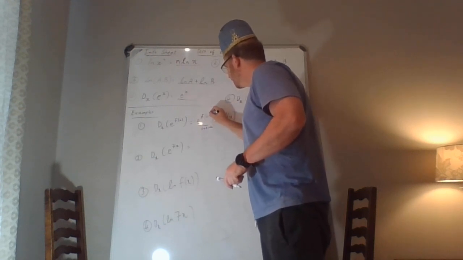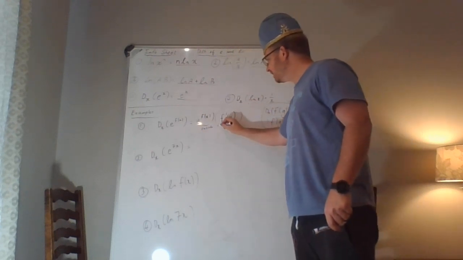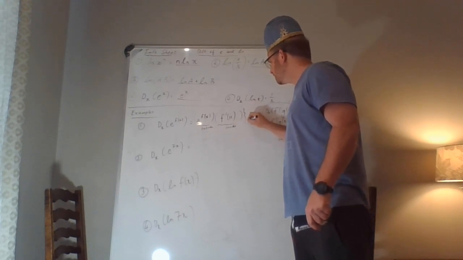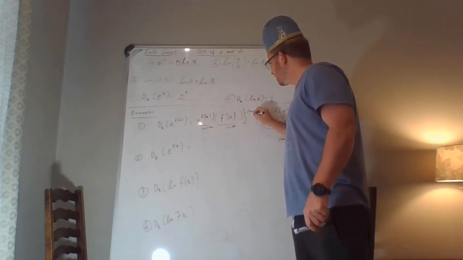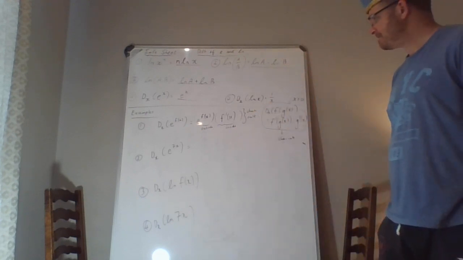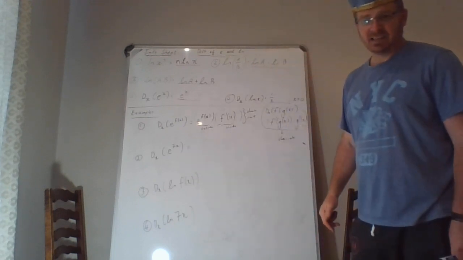So it's e to the f of x times by f dashed of x. The derivative of the outside function times by the derivative of the inside function. What you're simply using there is the chain rule.